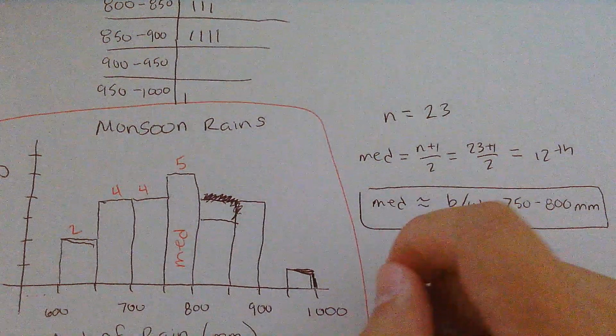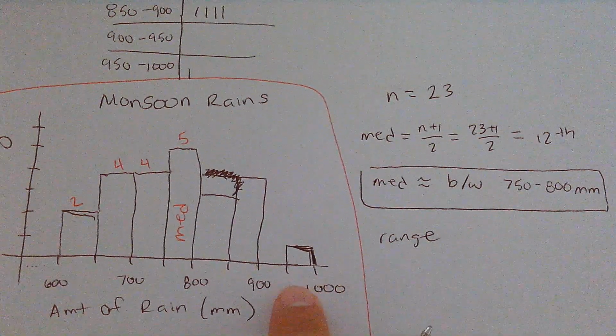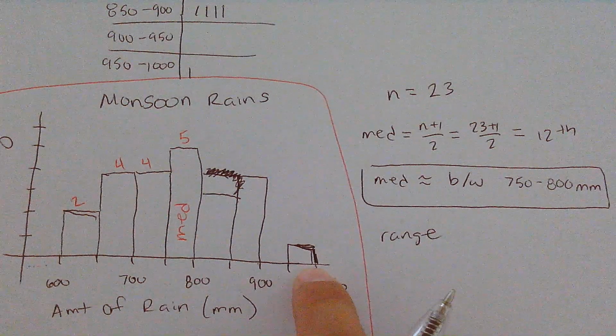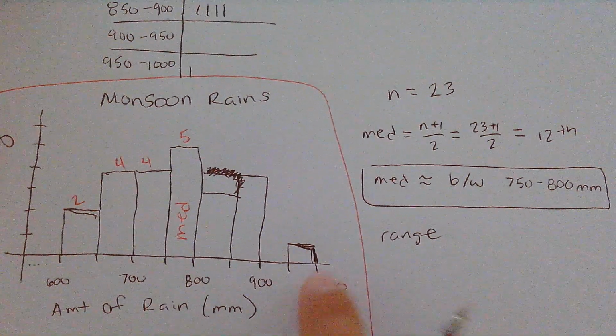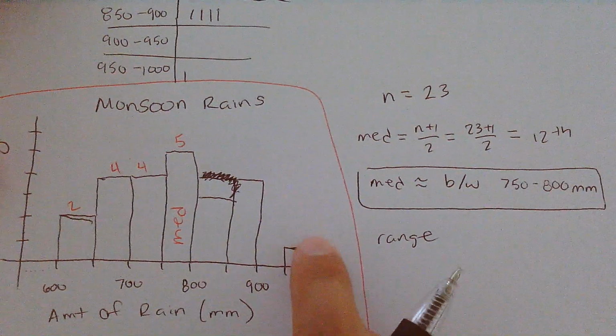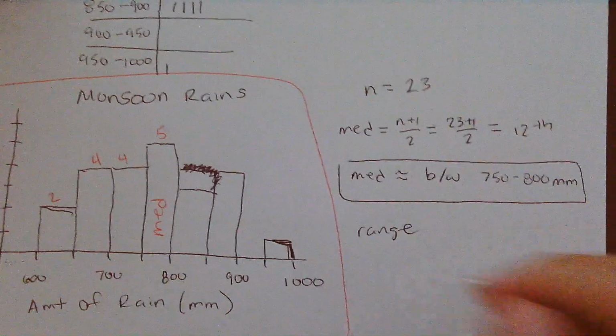Now, the range, again, a little bit tricky because this is an interval. So I don't know if this one lonely number is 951 or if it's 999, 987. You get the idea. I don't know what it is. I just know there's one number in here. But I do know the max potential of that one number is 1,000.